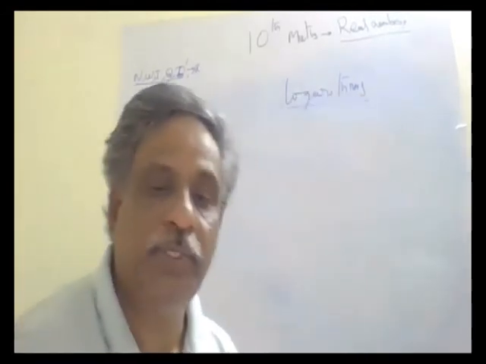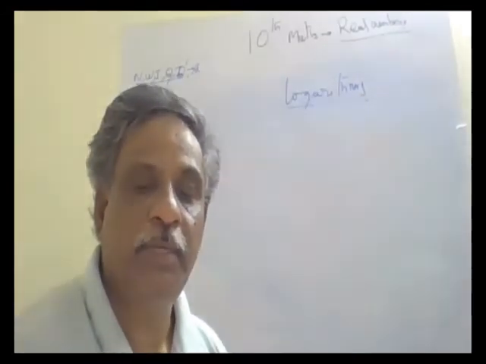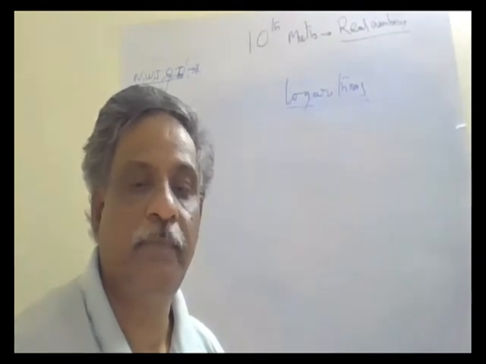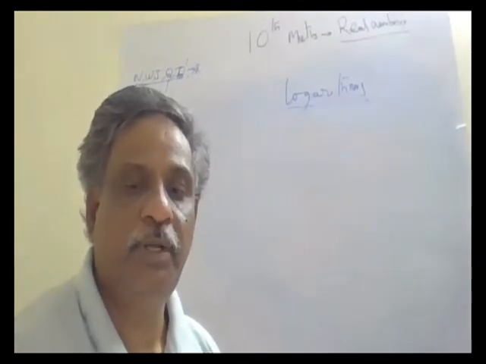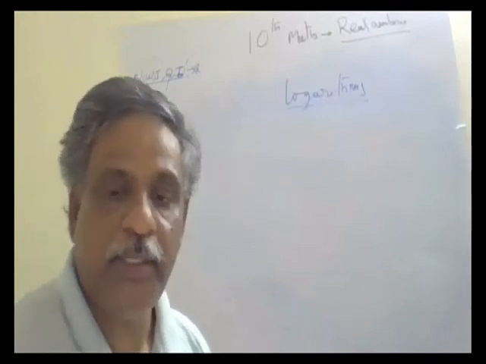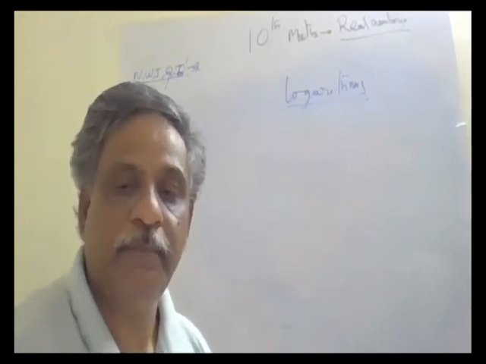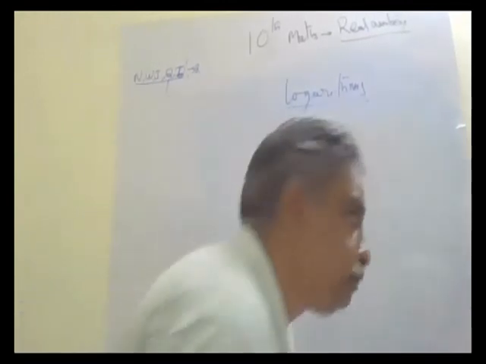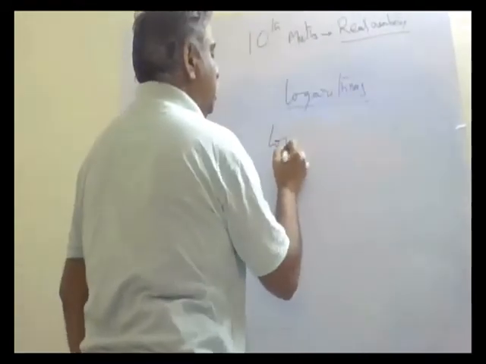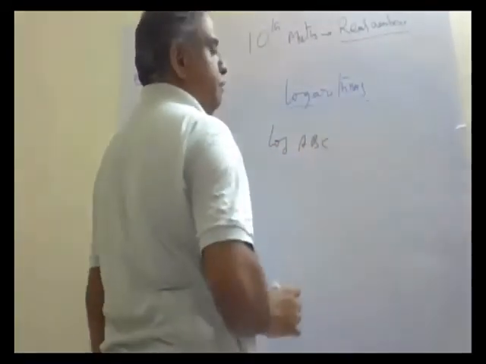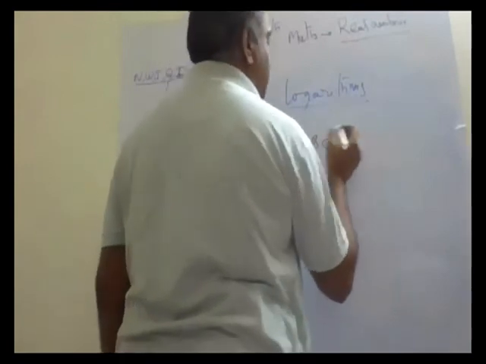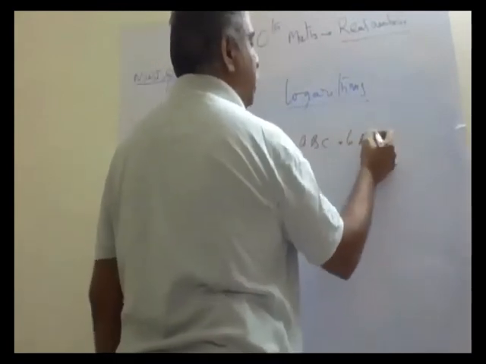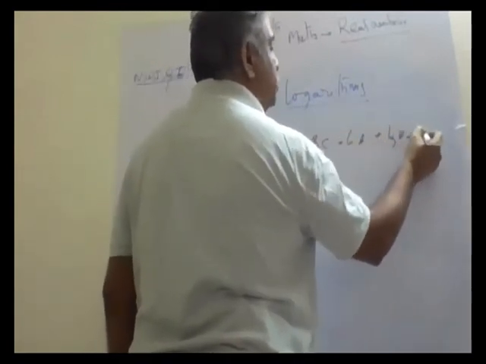If we suppose log abc, then log abc is equal to log a plus log b plus log c.